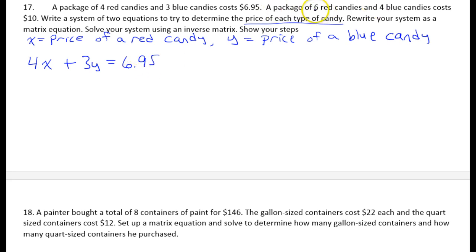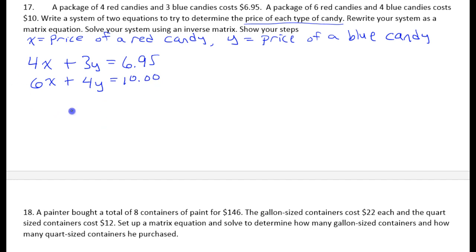Similarly, a package of 6 red candies, so that's 6x, and 4 blue candies, so 4y, costs $10.